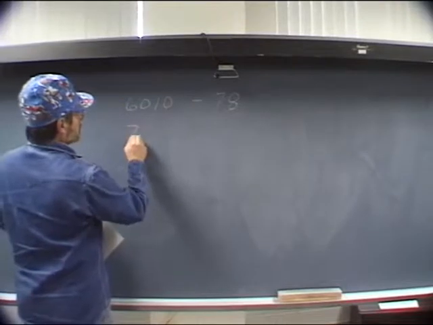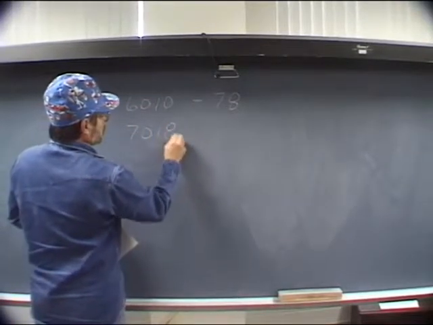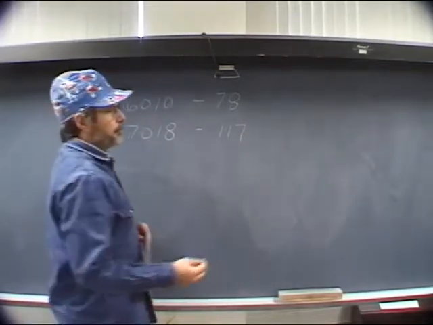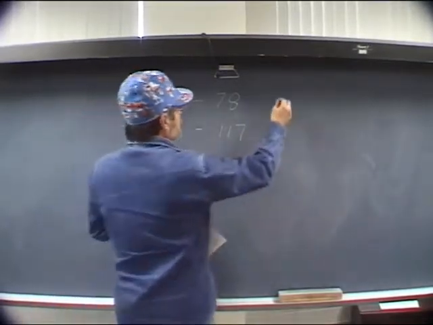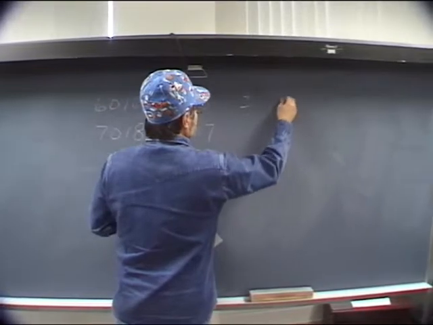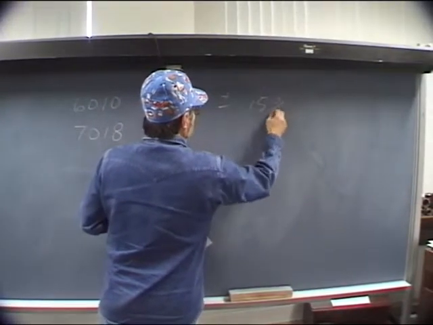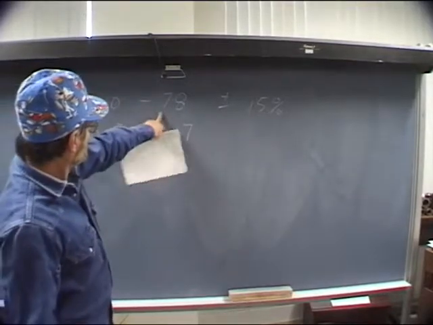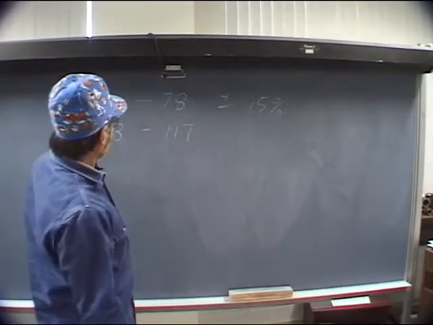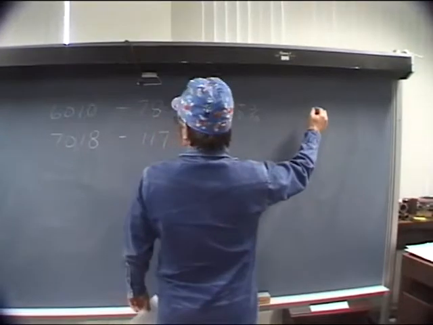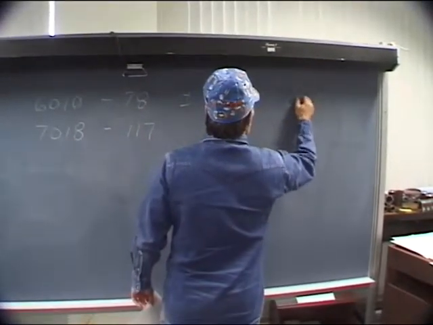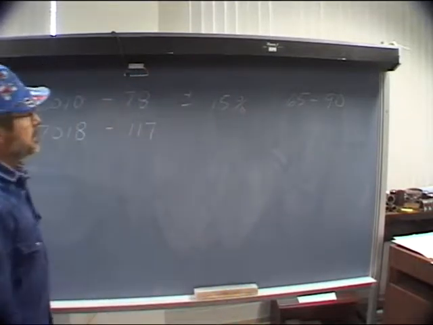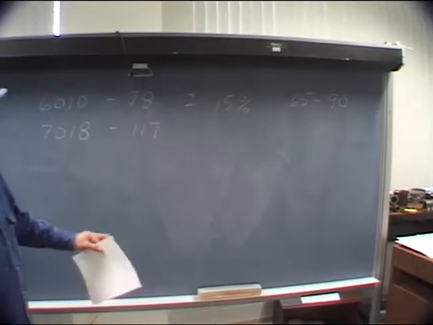And we did our 7018, and what we actually recorded was 117 amps. It's typical to give them a range of plus or minus 15%. So what's 15% of that? Let's see, that'd be about 12 amps. So we would give them a range from like 65 to 90 amps for our 6010. That would be a good range.